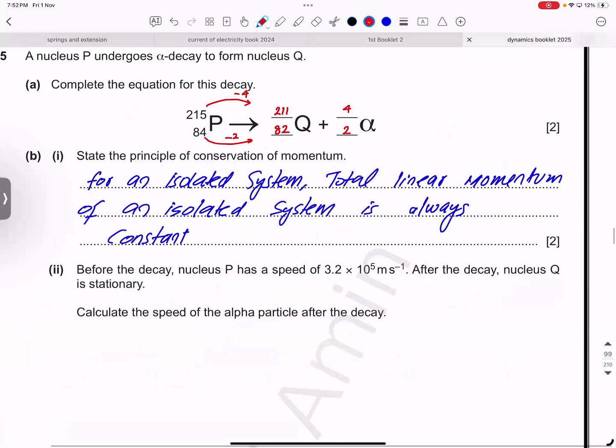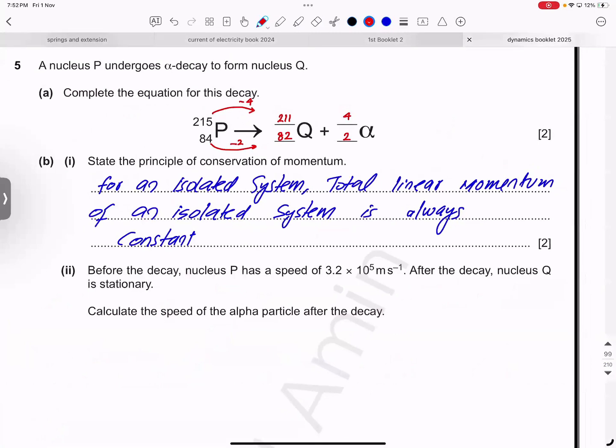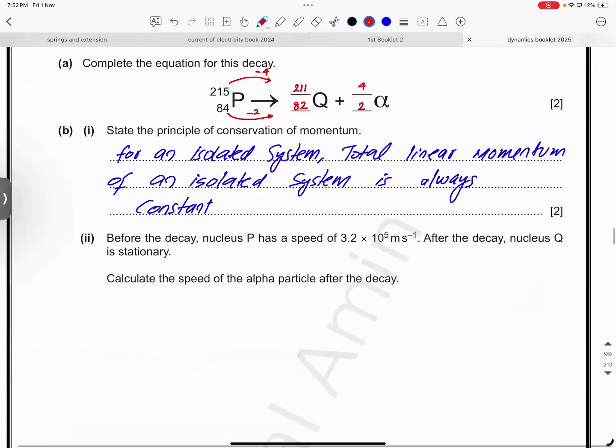A nucleus P undergoes alpha decay. Before decay, the nucleus P has a given speed. After decay, nucleus Q is stationary. Find the speed of alpha. So total momentum before decay is equal to total momentum after decay.